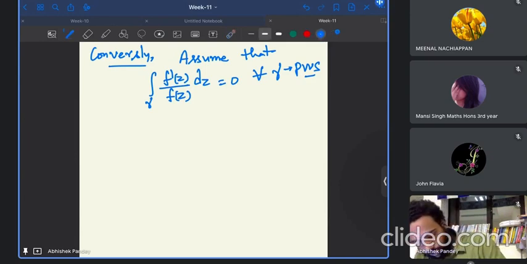So it means that f dash by f has a primitive in omega.